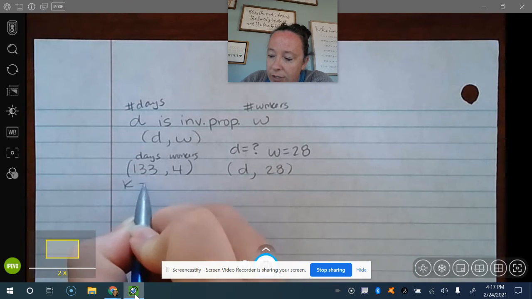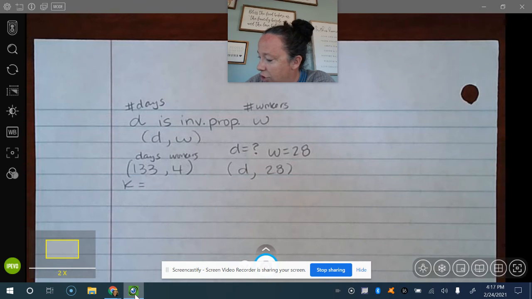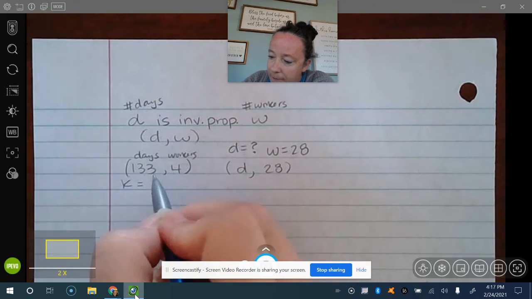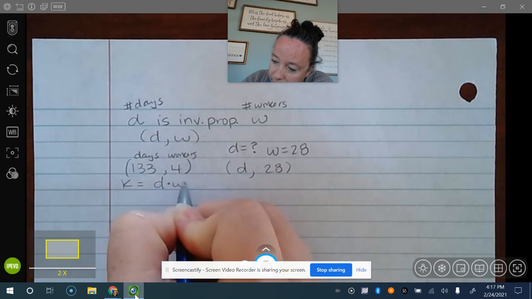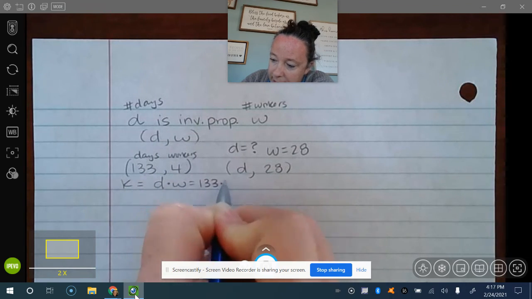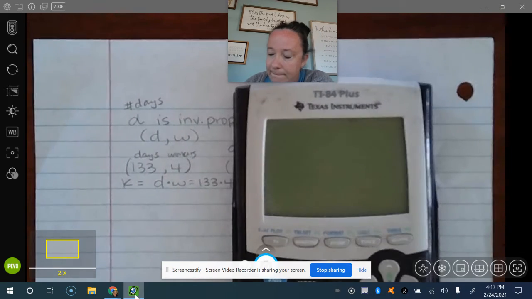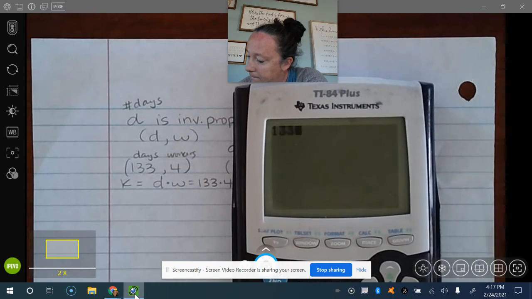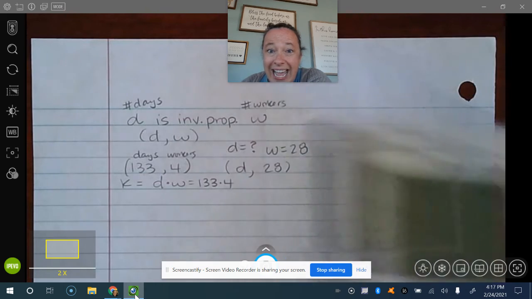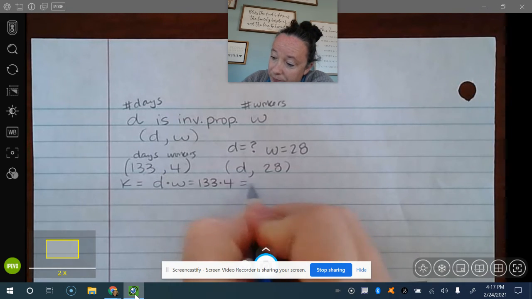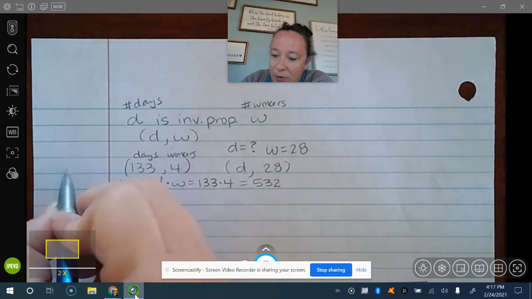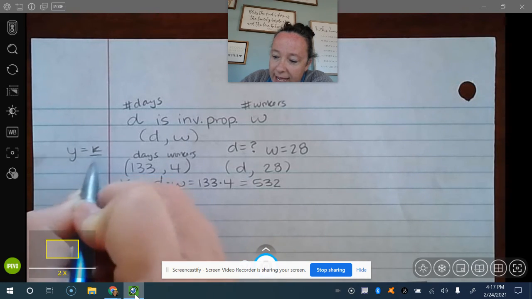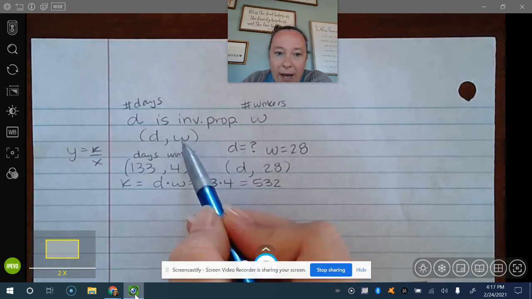And this is inverse. So with inverse relationship, we know that K equals X times Y or D times W. So 133 times 4. And I get that K is 532. My equation is Y equals K over X. So what is my Y in this spot?